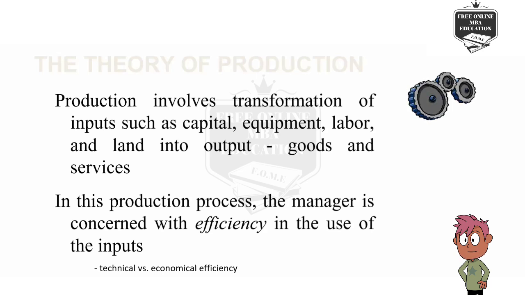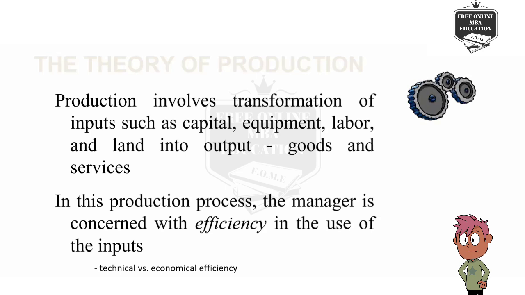Now, in this process, the manager is more concerned with the efficiency in the use of inputs, that is, technical versus economic efficiency. On paper, it might look like you are most efficient, but when you talk to your people, they will tell you we are very tired, we are stressed, we are fatigued, we may not be able to comprehend, we are not able to think well, right?